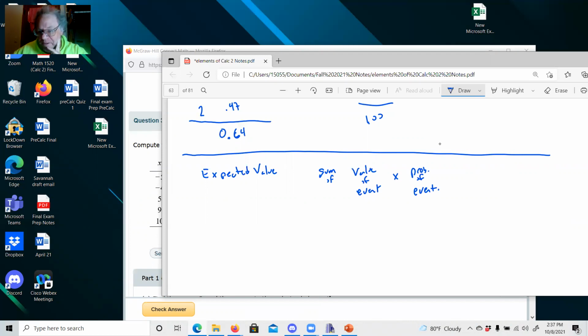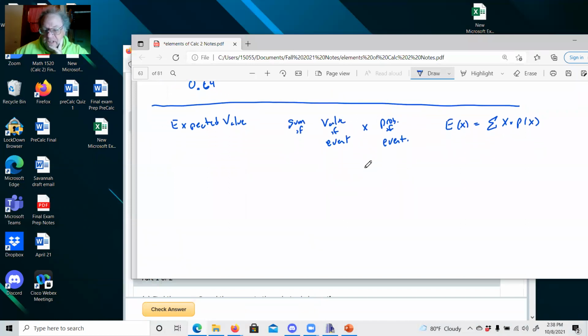We abbreviate it as E of X, and the formula is the sum of X times P of X. Now I'm going to show you a formula that's not in your book for the next ones. By the way, this is the mean.